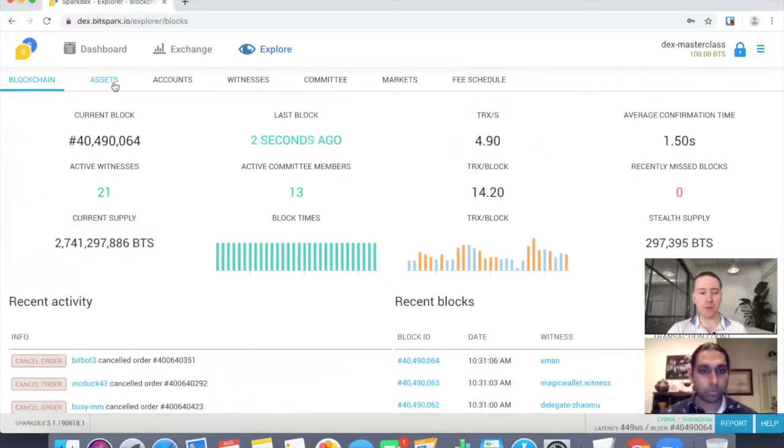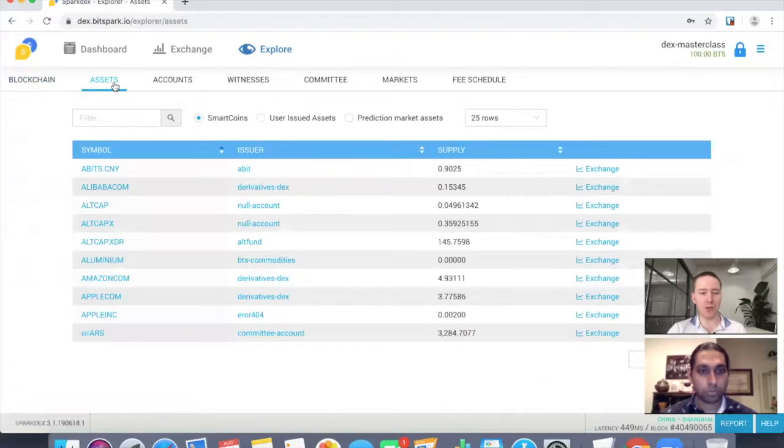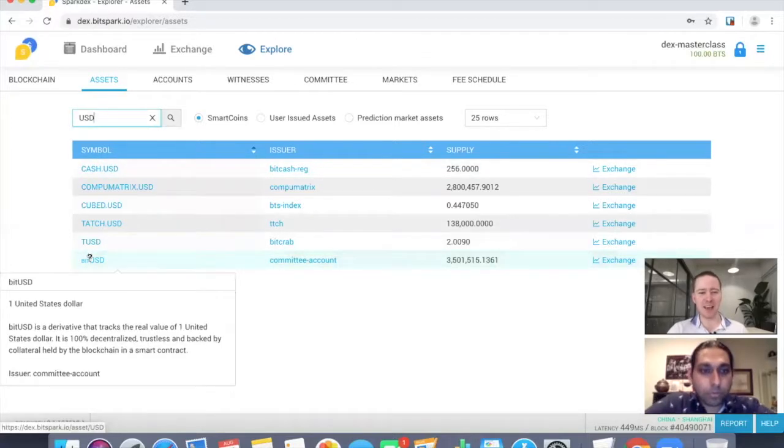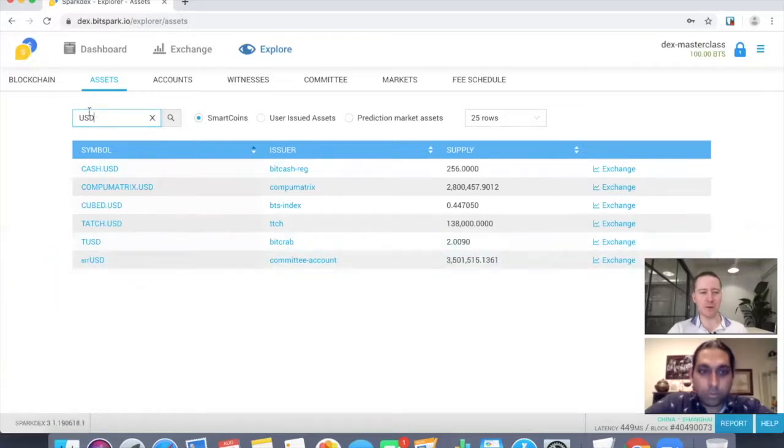This Explore tab is also pretty interesting because you can search every asset that exists on the blockchain, of which there are, I think, tens of thousands or something like that. Before, we were looking at the BitUSD market. So if I typed in USD here, I'll come up with a number of different coins which have the word USD in them. And you'll see here BitUSD down here, and the supply and so on.